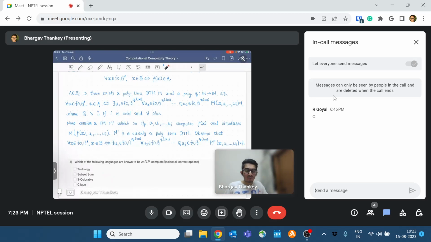Yeah, so this intuition almost always works when the reduction and the classes are appropriate. For example, if you are talking about polynomial time reductions and PH, it would work. If you are using polyspace or log space reductions and log space or polyspace classes, this would work.